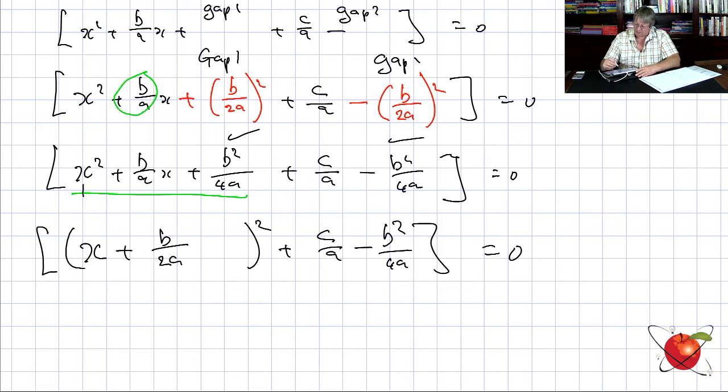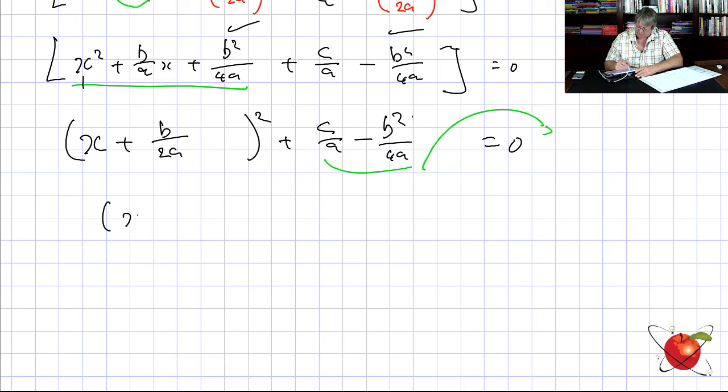So what I do now is I just remove those brackets. And these are numbers. Remember, this is actually a number here, and that must go to that side. We take it to the other side.